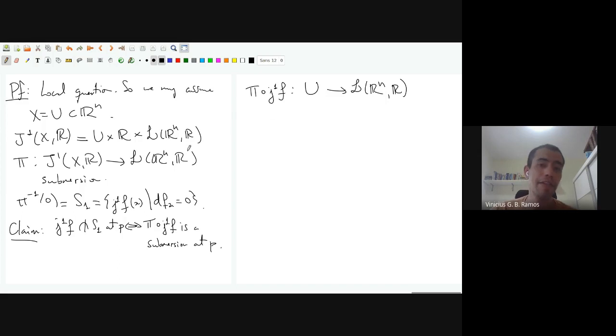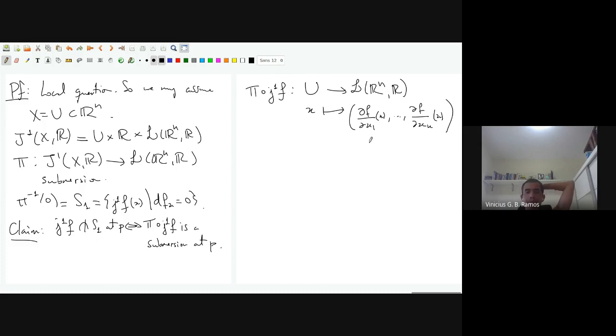Basically you look at the derivative of F, and this map just takes us to df/dx1, etc., at the point x. It's just the derivative. So what pi does is you just forget the coordinates x and f of x. You just keep the derivative part.